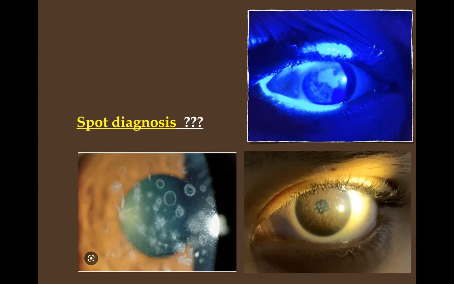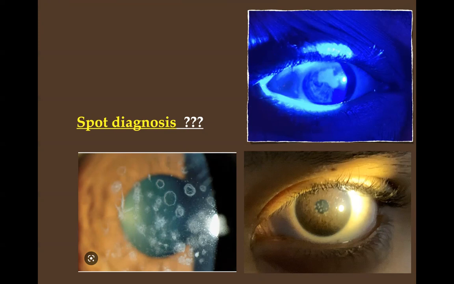What about the photo down right? Yes, you said adenoviral keratitis, but it's not. It's similar to adenoviral keratitis, but adenoviral keratitis is fainter, dispersed, and subepithelial. But this is macular corneal dystrophy.